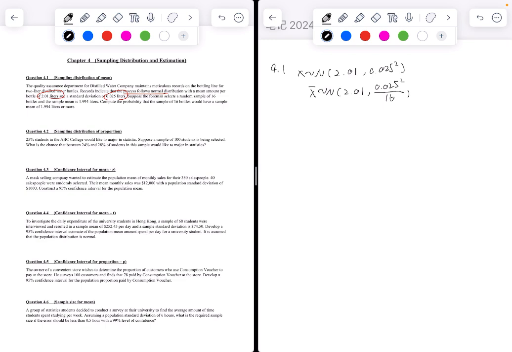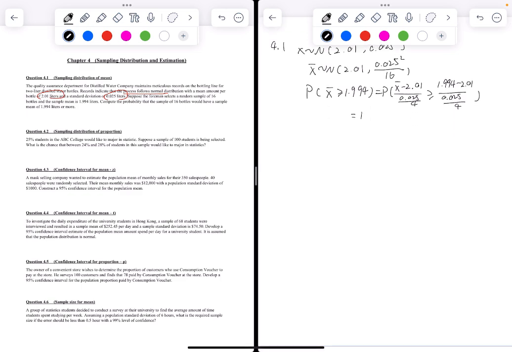Now we are going to calculate the probability that X bar is larger than 1.994. This equals the probability of (X bar minus 2.01) over (0.025 over 4) being larger than or equal to (1.994 minus 2.01) over (0.025 over 4).